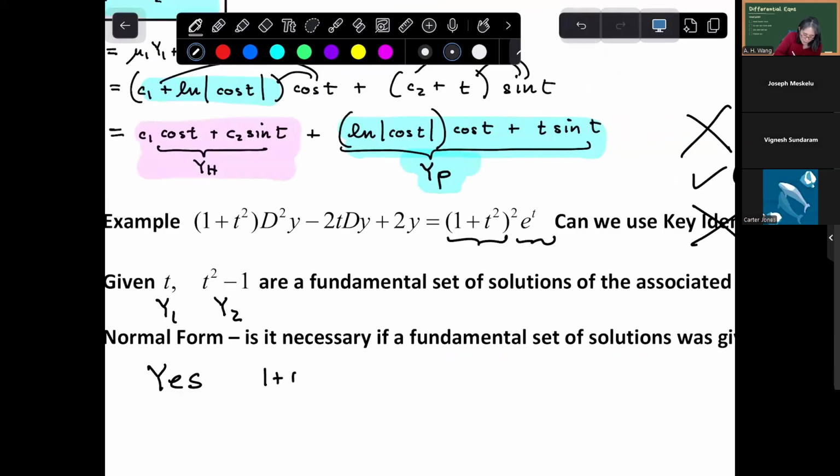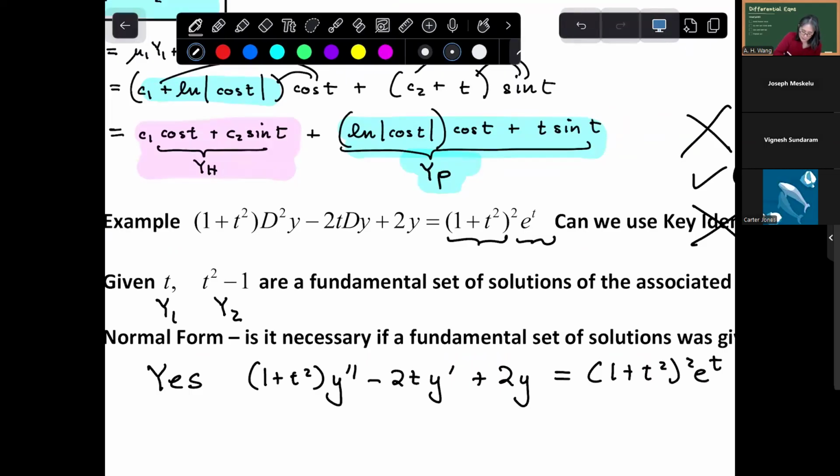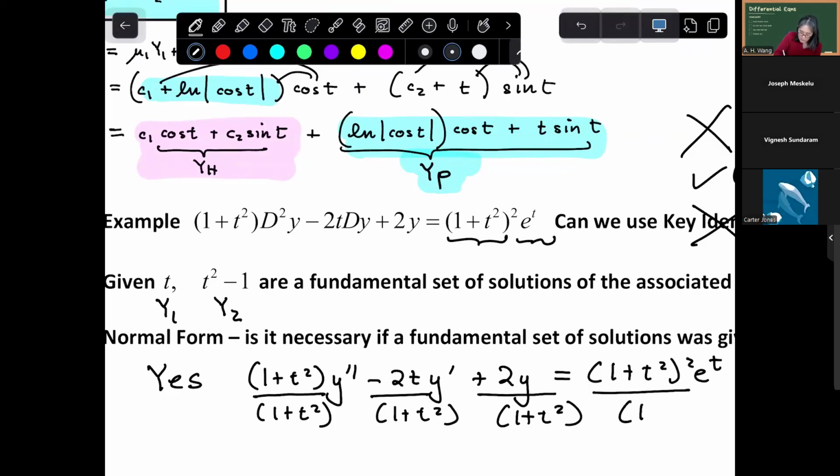That's (1 plus t squared) y double prime minus 2t y prime plus 2y equals (1 plus t squared) e to the t. So you have to put it into normal form, otherwise you will have the wrong forcing.